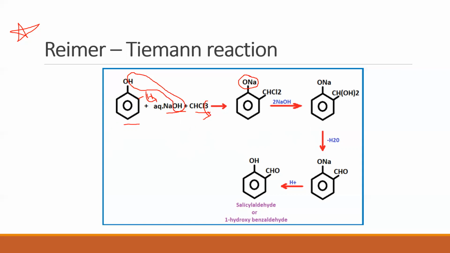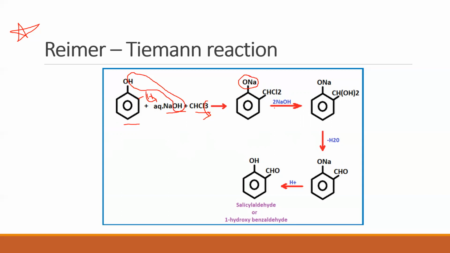So let me repeat, the hydrogen at the ortho position takes away one of the chlorine atoms to go out as HCl. Now the moment it goes out as HCl, what remains to get substituted is CHCl2. So CHCl2 gets substituted in place of a hydrogen to form this particular compound. Now you can clearly see here, the hydrogen at the ortho position is substituted by CHCl2. So this is the first step.